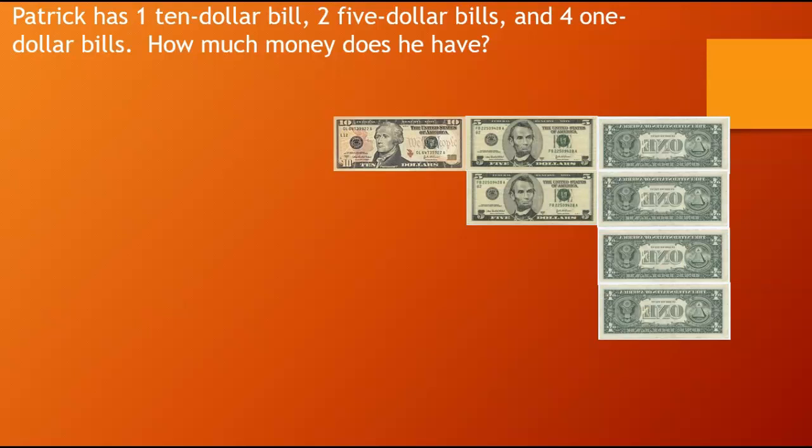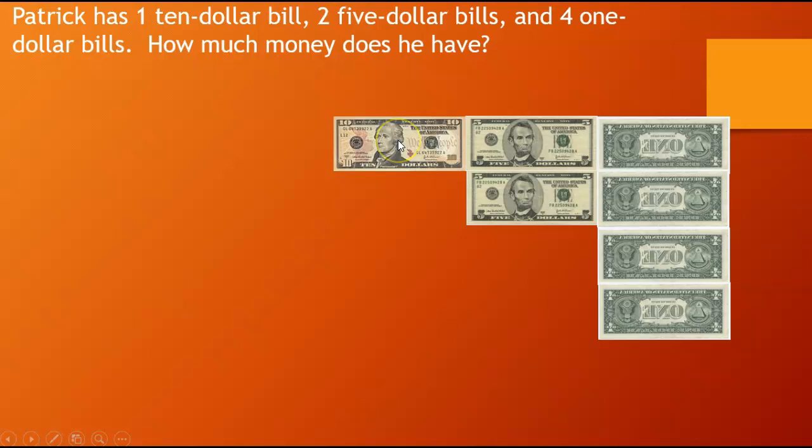Now we can count up how much money he has. Like I said, I like to start at the biggest amount. So right here, what is the largest amount of dollars do we have? The 10. Okay, so here's 10, and we just have 1. So let's count from 10, and we're going to count by 5s because 5 is the next largest. So let's go 10.